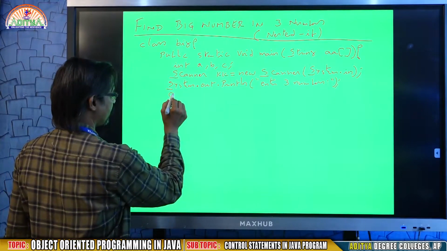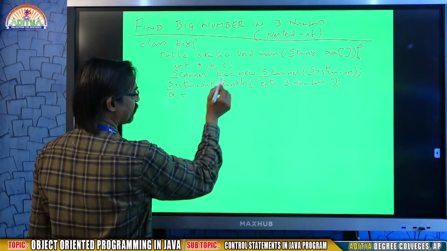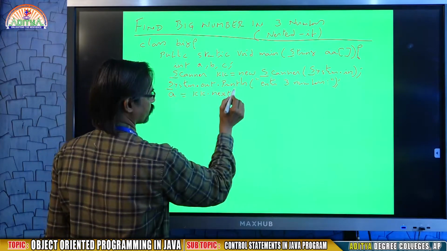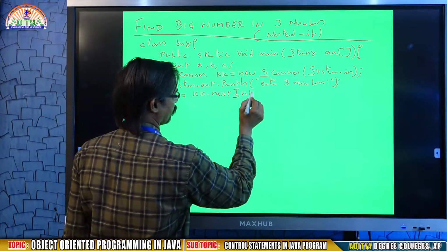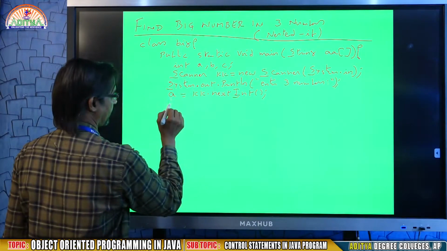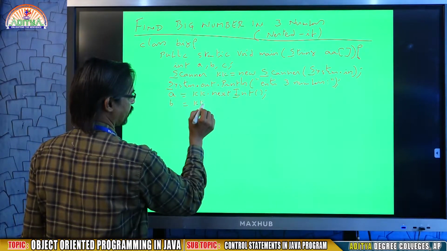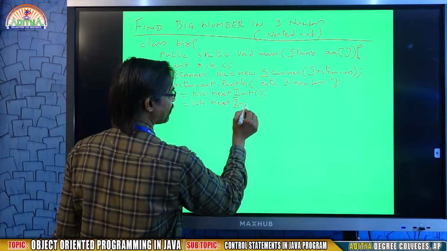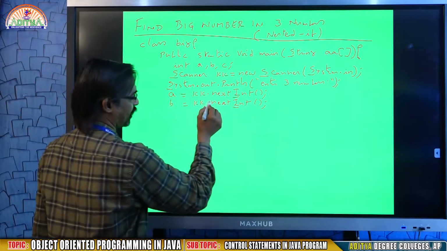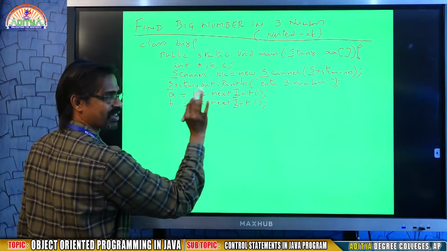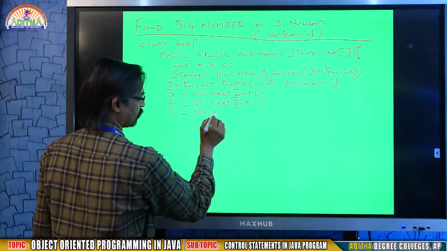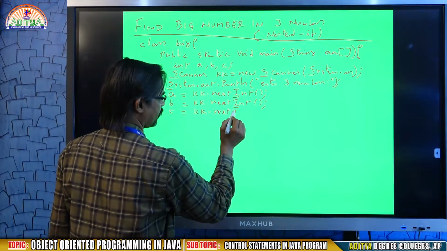Now I write a equal to KK.nextInt, b equal to KK.nextInt, and c equal to KK.nextInt. The I must be capital and the N small, because it is a method.